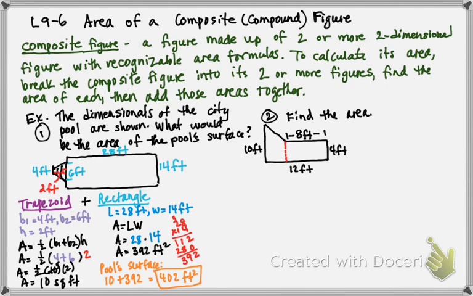So it's going to break it into a trapezoid and into a rectangle. So the first thing is to determine my shape, and the second thing is we're going to find the missing dimensions.